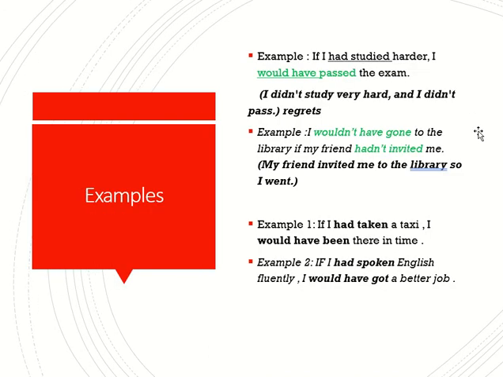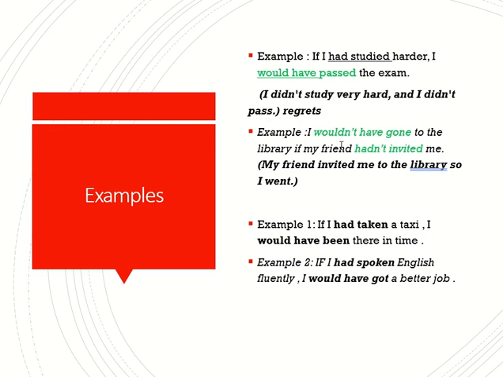Okay, now let's go to these examples. If I had studied harder, I would have passed the exam. So I didn't study very hard or very well, and I didn't pass. So regrets, right? Another example, I wouldn't have gone to the library if my friend hadn't invited me.